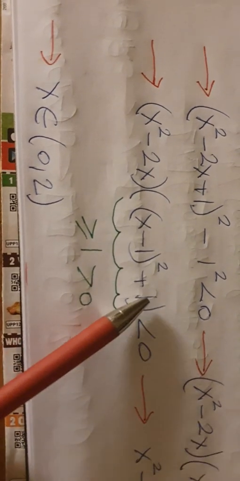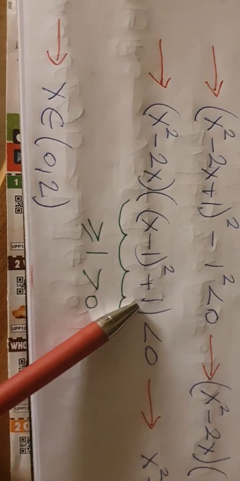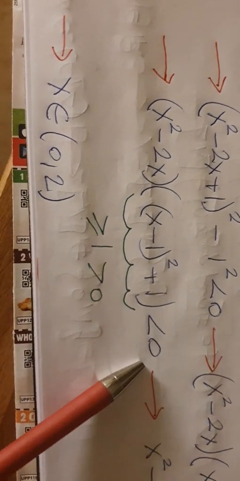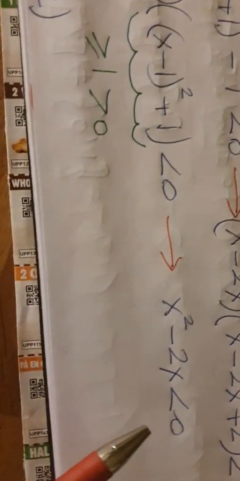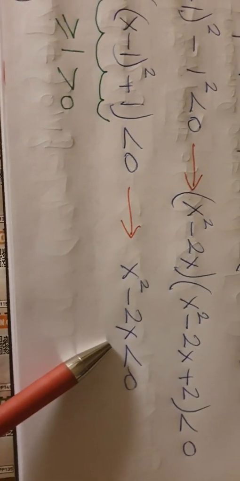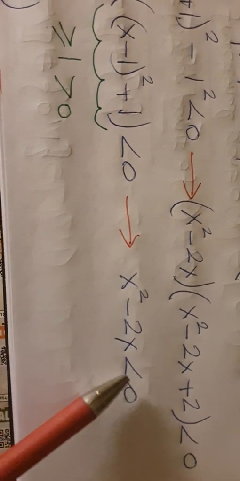So, in order for the left-hand side to be strictly less than 0, the first factor has to be strictly less than 0. And this is a very easy inequality to solve. It gives us that x has to lie in the open interval (0, 2).